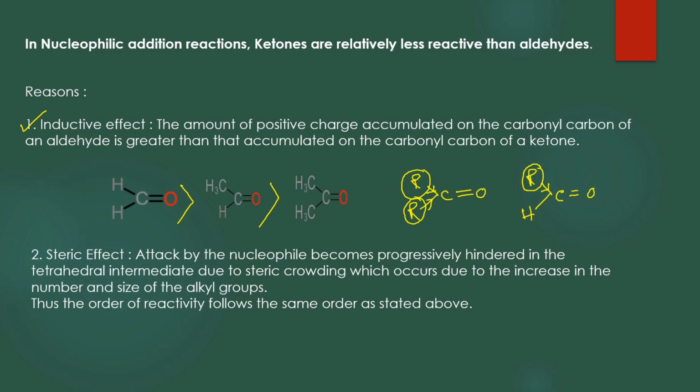Secondly, it also depends on steric effect. Attack by the nucleophile becomes progressively hindered in the tetrahedral intermediate due to the steric crowding, which occurs due to increase in the number and size of the alkyl groups.